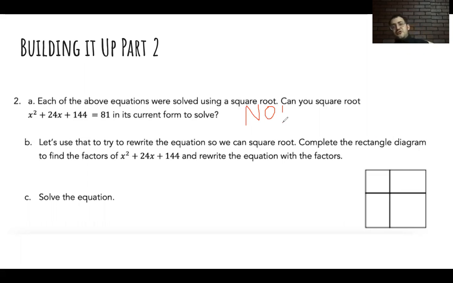So to do this, we are going to complete a rectangular diagram to find the factors of x squared plus 24x plus 144, and then rewrite the equation with the factors. When we do this, one thing that is very important is this b over 2 squared.